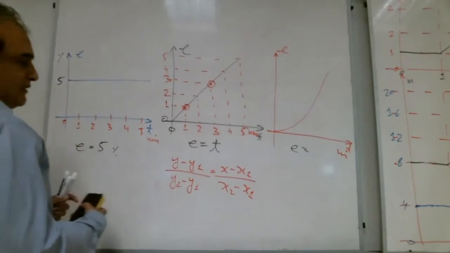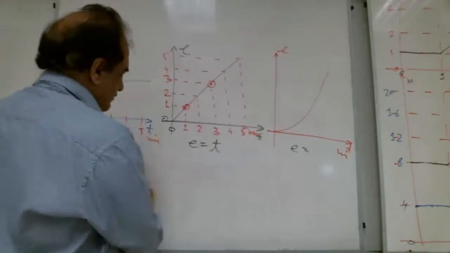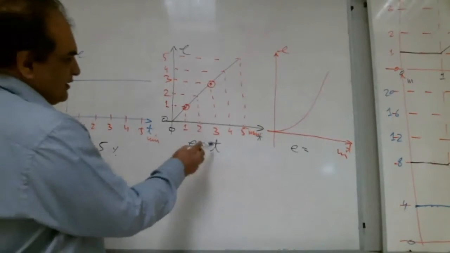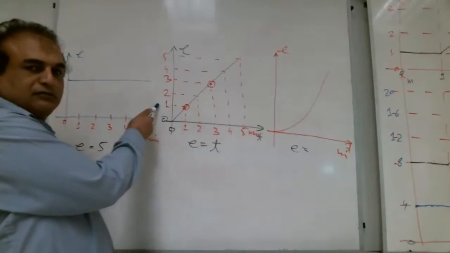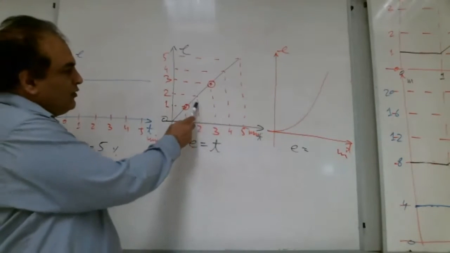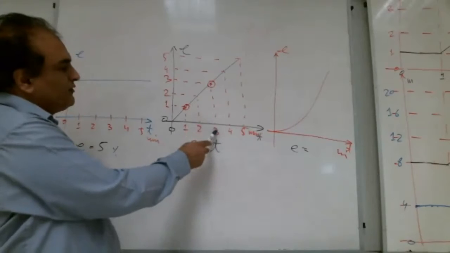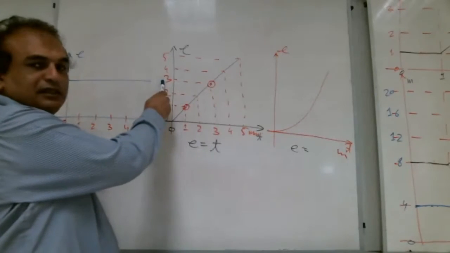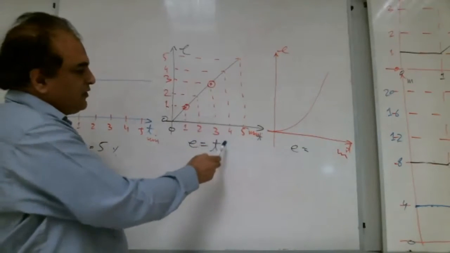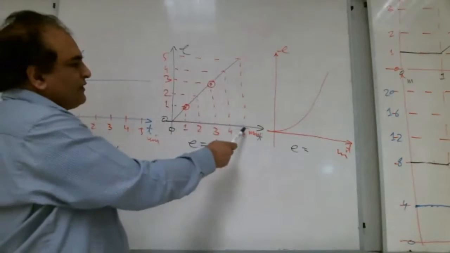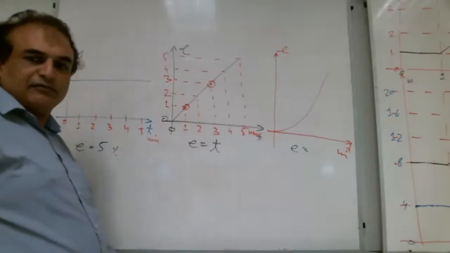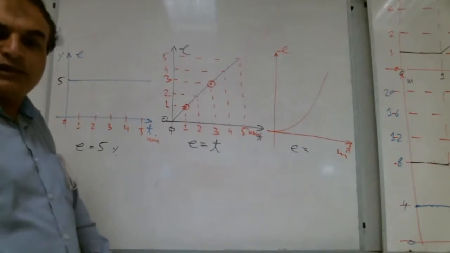Can we verify it? Is it really t? If t is 1, how much error? 1. If t is 2, how much error? 2. If t is 3, 3. If t is 4, 4. If t is 5, 5.